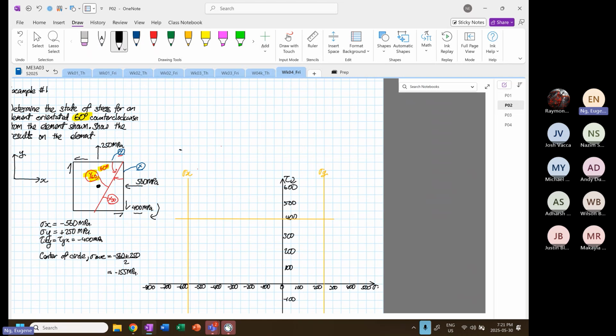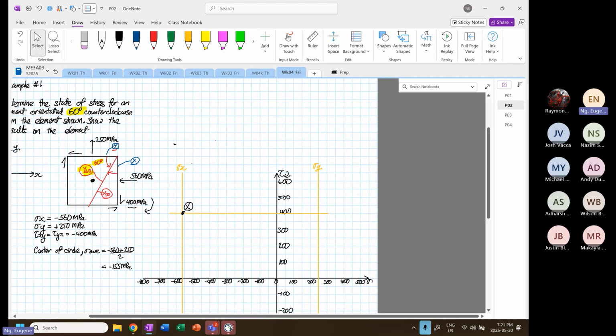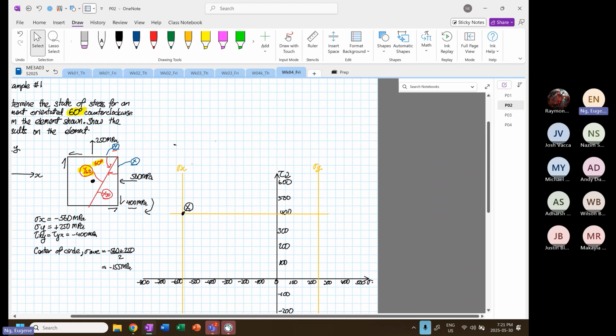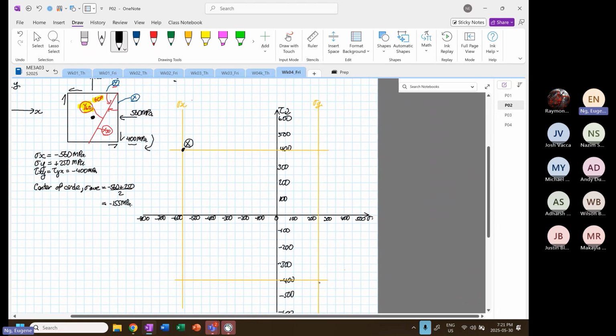So this will be our point X. And then the 250 is going to be anti-clockwise rotation. This will be our point Y. So from here, we can immediately draw a straight line. So this is our straight line.